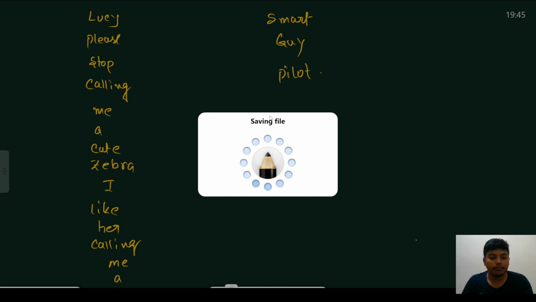Then Me means magnesium. A for aluminum, C for carbon, zebra for zinc, iron. Like means lead, and her means hydrogen.